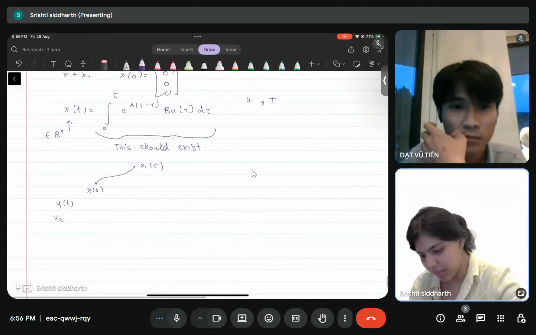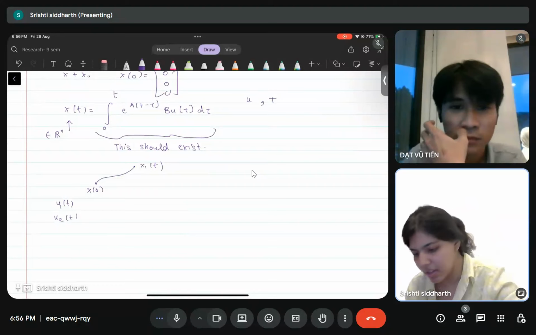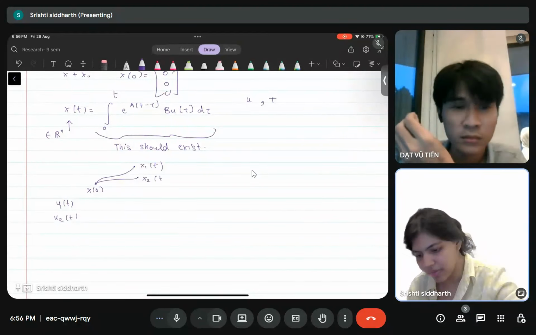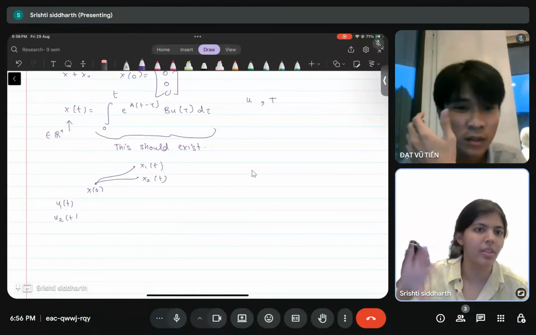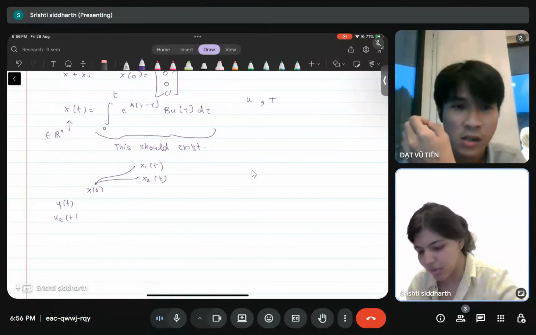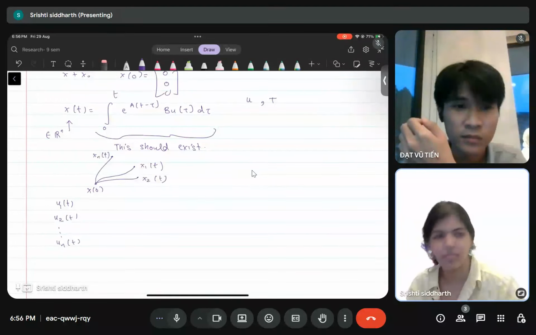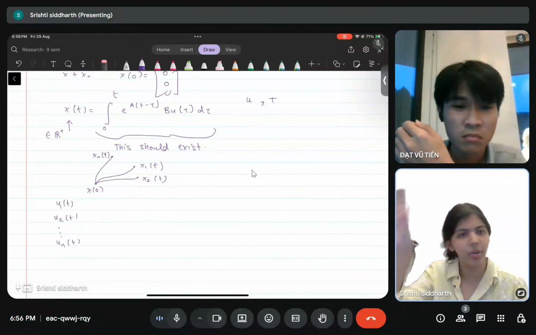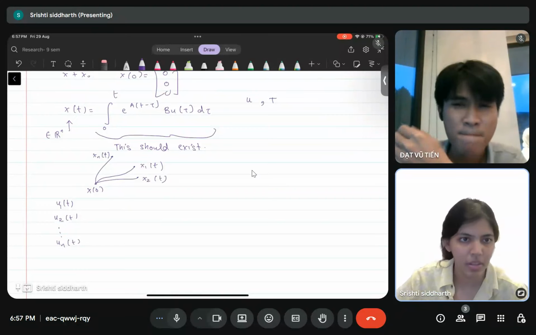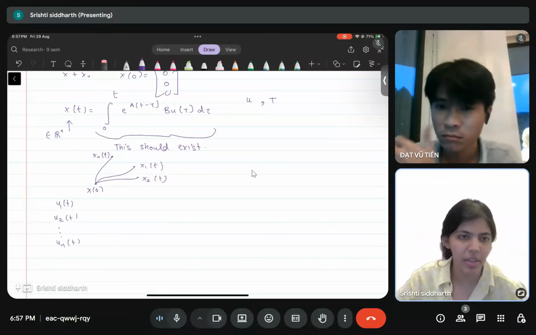You get some other input for all time t equals 0 to some capital T, and then you kind of span the whole space of all the states. So you get some un, maybe you get here. So this means starting from any condition, you can go anywhere in this space. This is controllable.